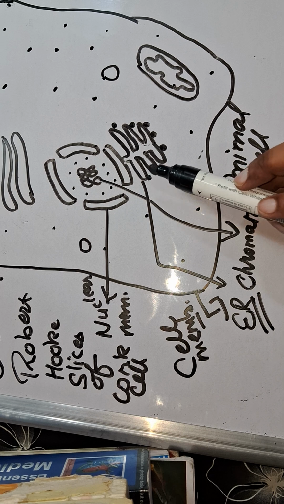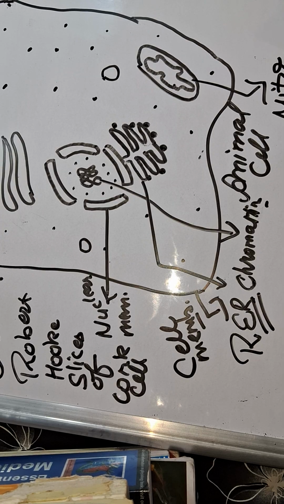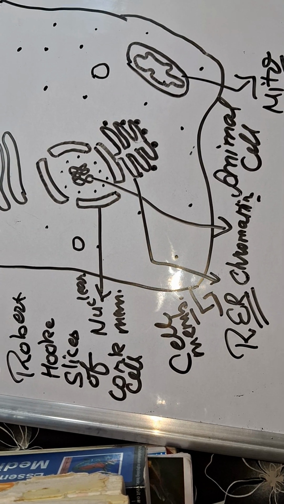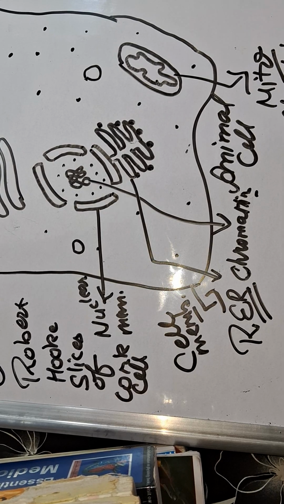Ribosomes are present over this endoplasmic reticulum, so this is basically the rough endoplasmic reticulum, because it contains ribosomes. And here is a sausage shaped structure known as mitochondria.